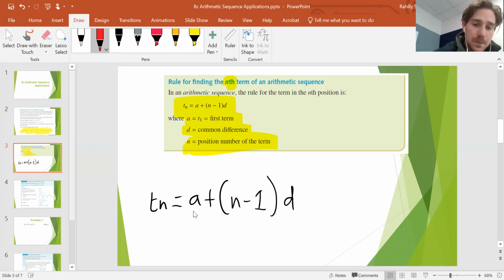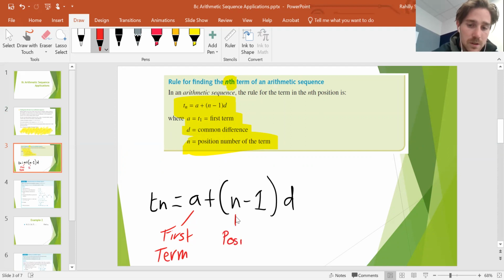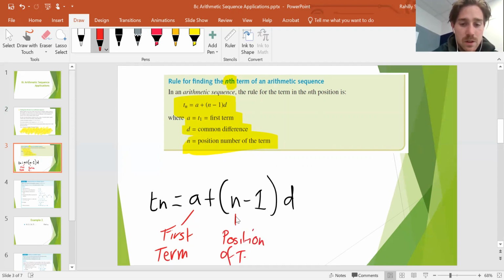And a is your first term, n is the position of the term we're being asked to find, and d is your common difference.